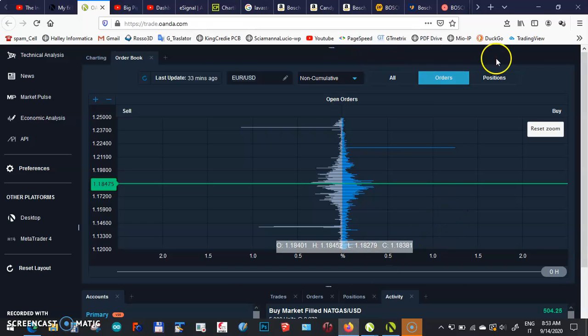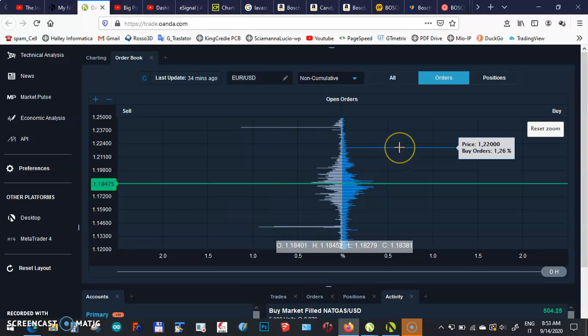And here I can see the orders and positions of Oanda clients, and you can see there is a big sell in the area of 1.14.